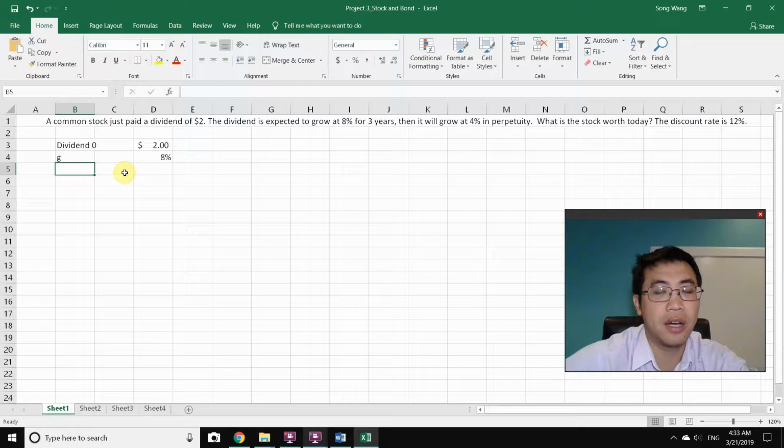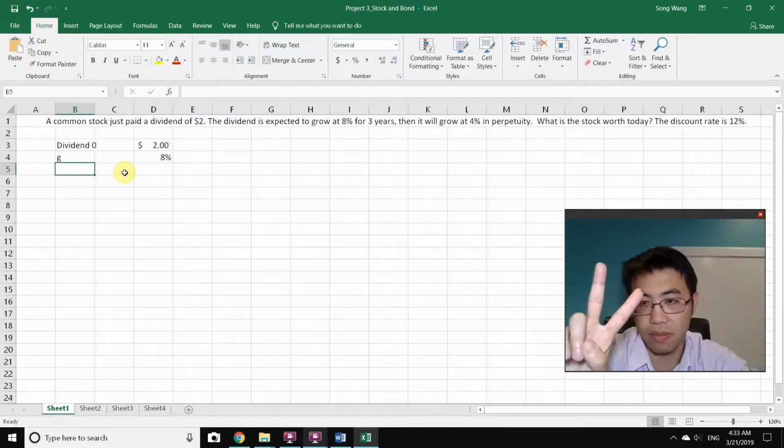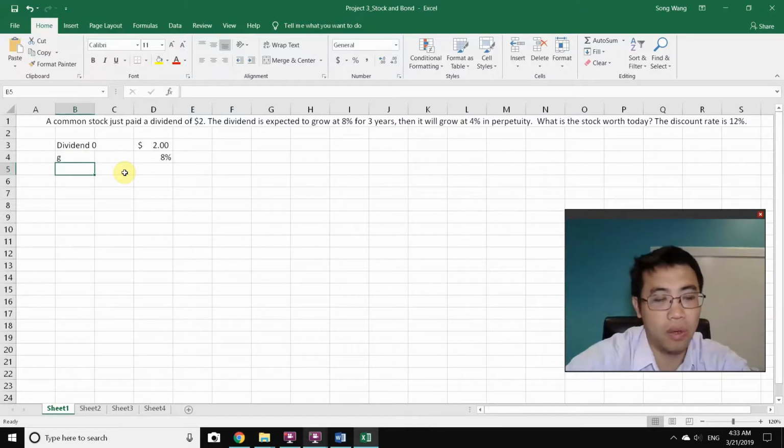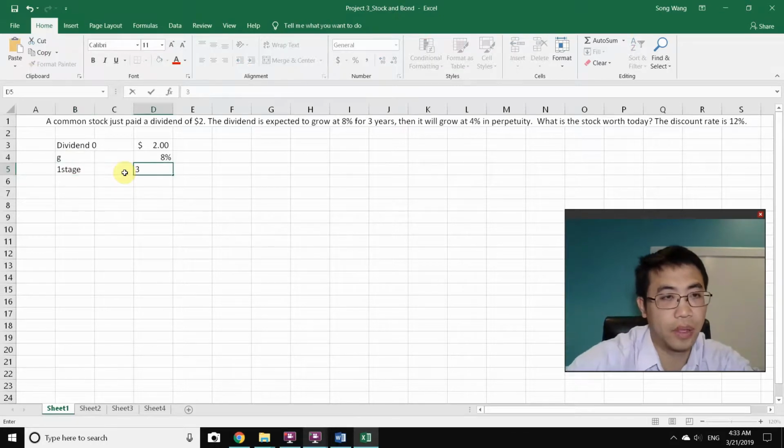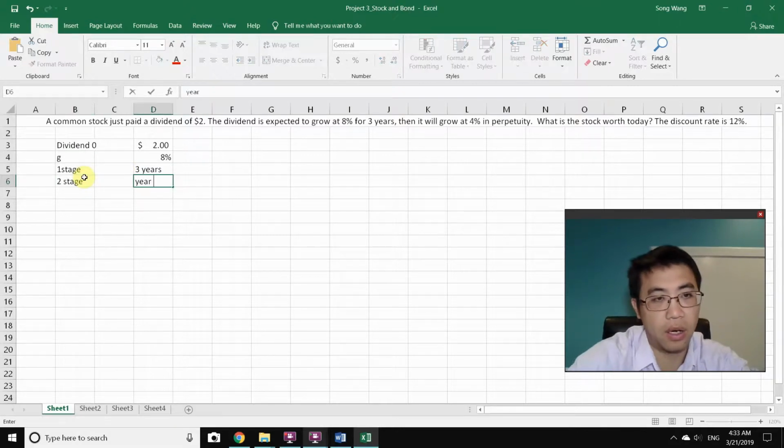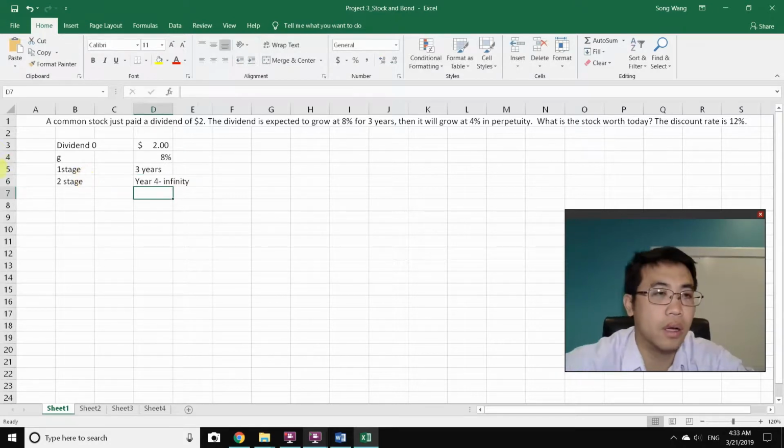So what that means is there is a two-stage growth model. The first stage lasts for 3 years, and the second stage is from year 4 all the way to infinity. And that's the information you have.